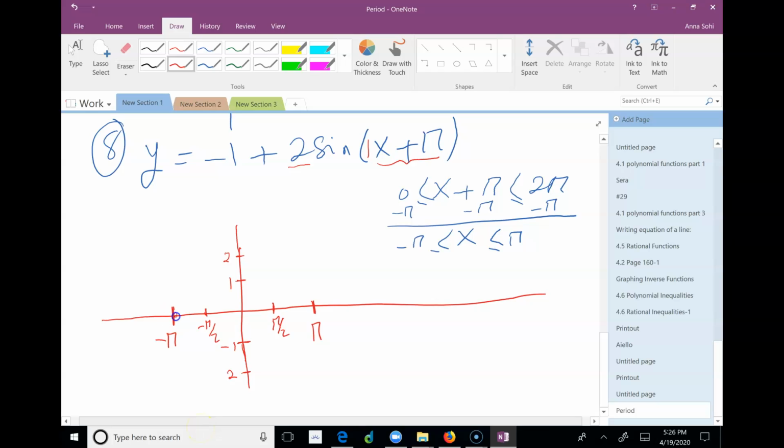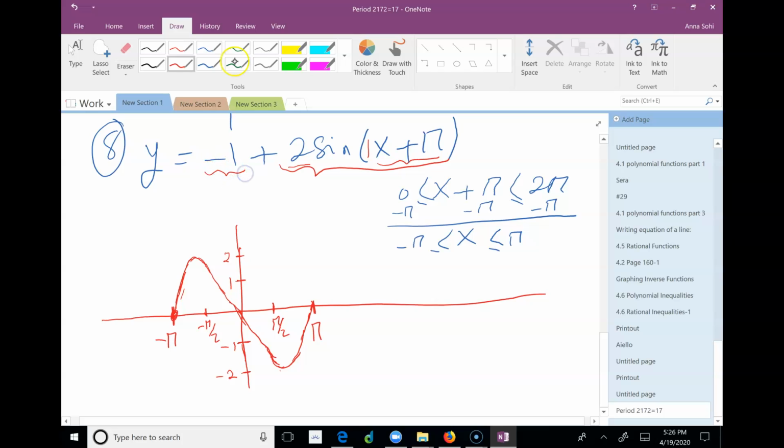Once I start graphing, it's sine, so I start from 0, going to the highest at 2 because that's the amplitude, coming down to 0, going down to -2, and then coming back to pi. That's just the piece of 2 sine x plus pi.